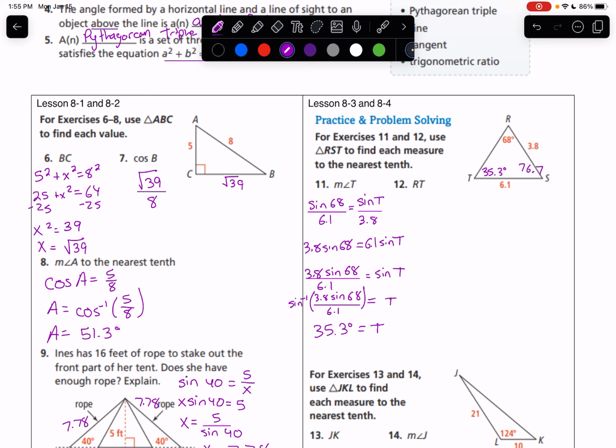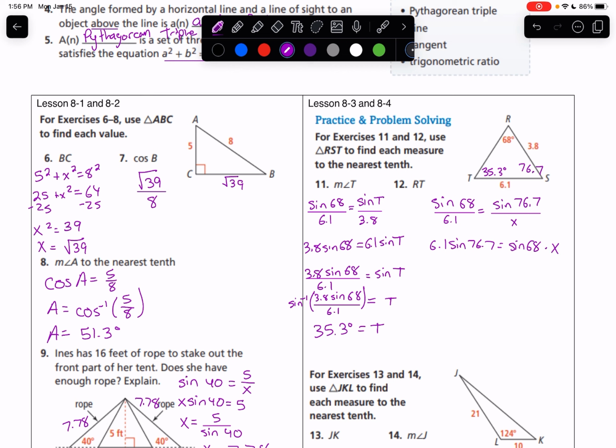So we'll use the law of sines again with the same angle opposite side pair that we know. The sine of 68 over 6.1 is equal to the sine of 76.7, the other angle, and its opposite side, x. We don't know that one, right? That's what we're looking for. Cross multiply. 6.1 sine of 76.7 is equal to the sine of 68 times x.